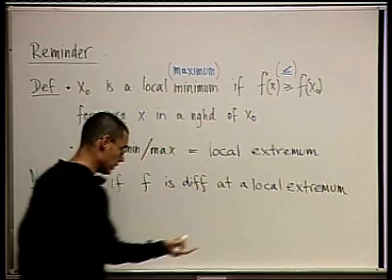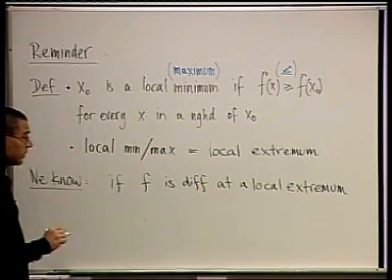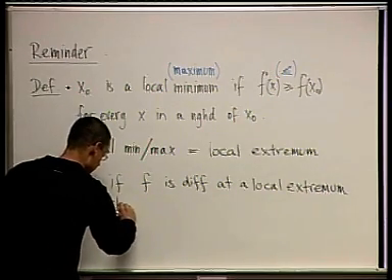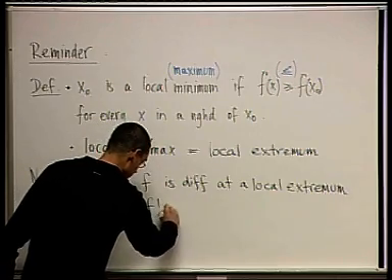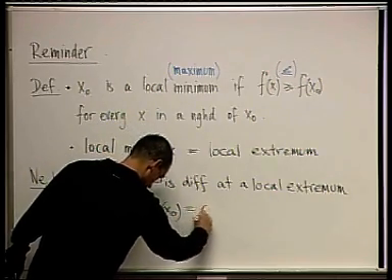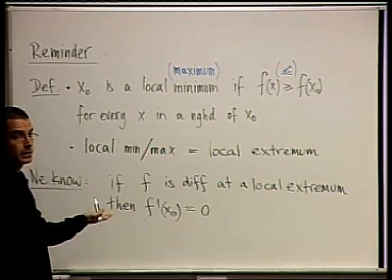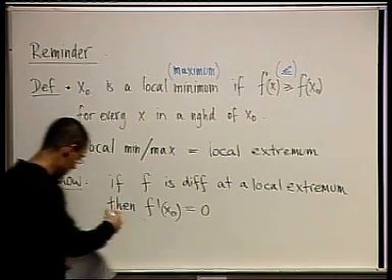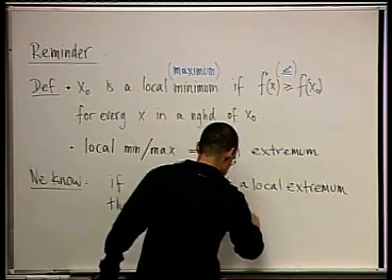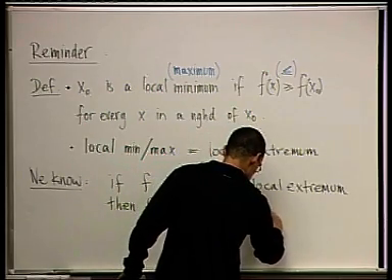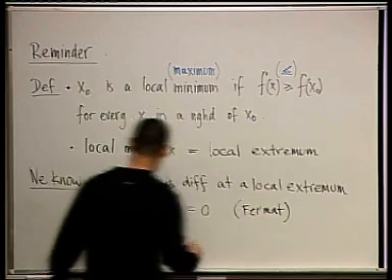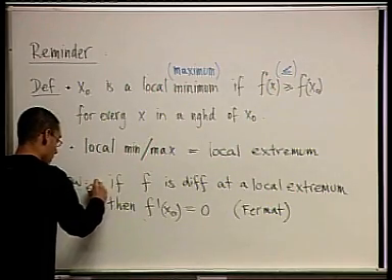So if you have a point which is a local extremum and f is differentiable there, then the derivative is 0. Right, this is precisely Fermat's theorem.